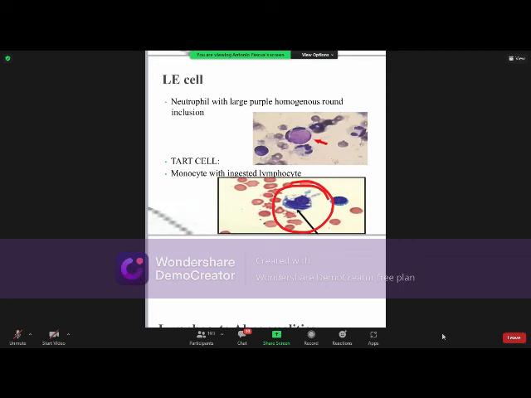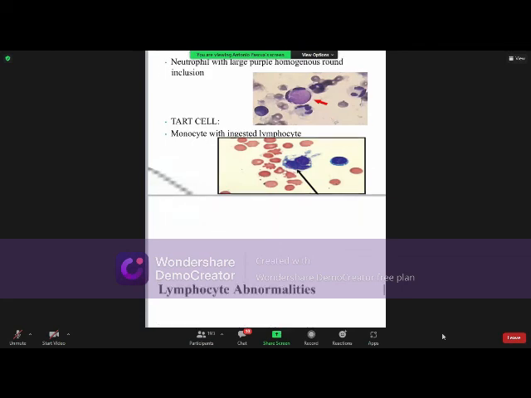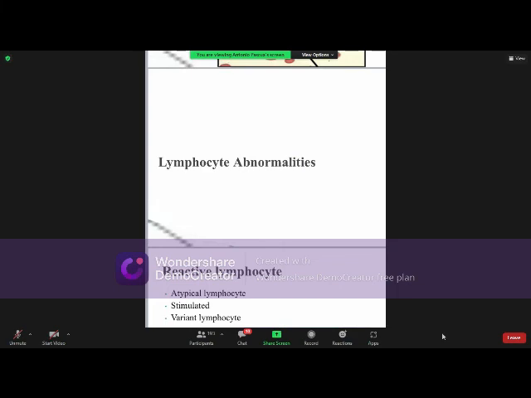Okay? So, LE cell, again, usually could be recovered if you have lupus or SLE or immune activity, increased immune complexes or activity. Whereas in TART cell, it is whenever your lymphocytes are damaged or infected with something, that's why monocytes will then ingest them.